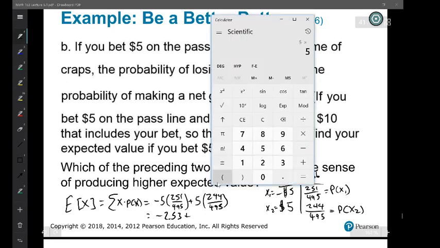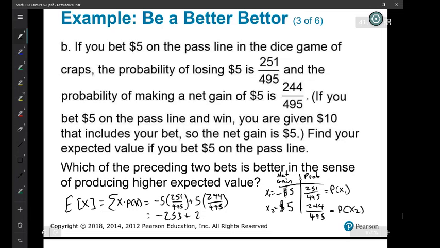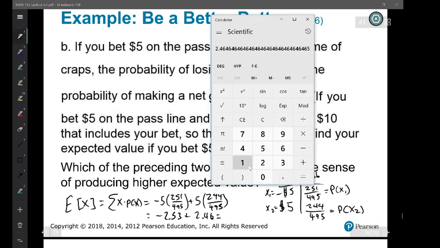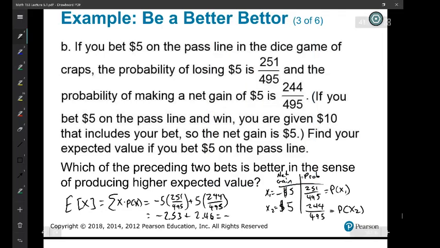Five times 244 divided by 495 is 2.46. So 2.46 plus negative 2.53 is negative 0.07, negative 7 cents.